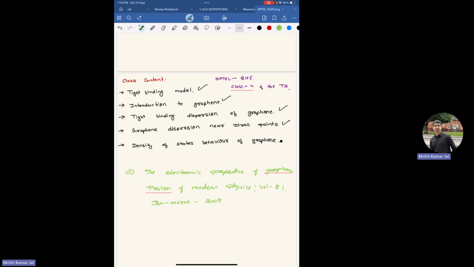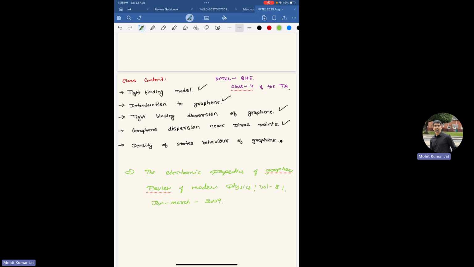The author is A. H. Castro Neto. He is from Boston, Massachusetts, USA. And then K. S. Novoselov and Andre Geim are also there in this paper. They are from the University of Manchester, UK. And you can read this paper. It's a good read on graphene.